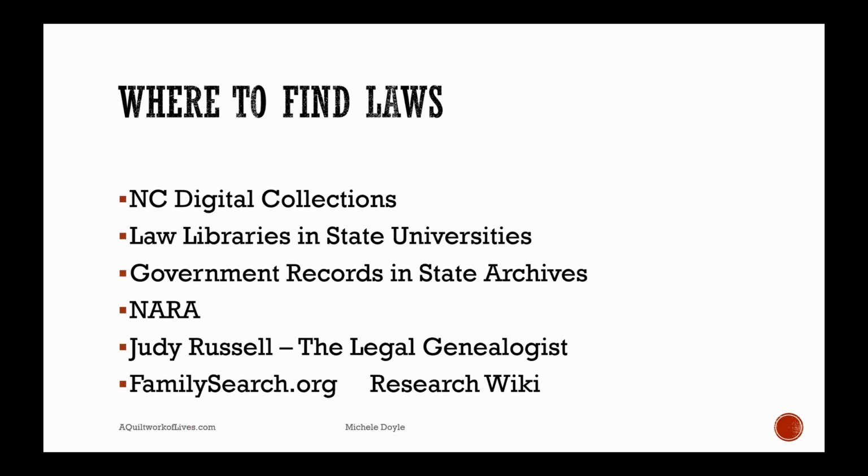And inside the research wiki, the last time I checked, there were over 80,000 articles. You will not find your people there. You will find sort of the how-tos there. So how do I find tax records? Where are South Dakota's tax records? What was property tax like in California?